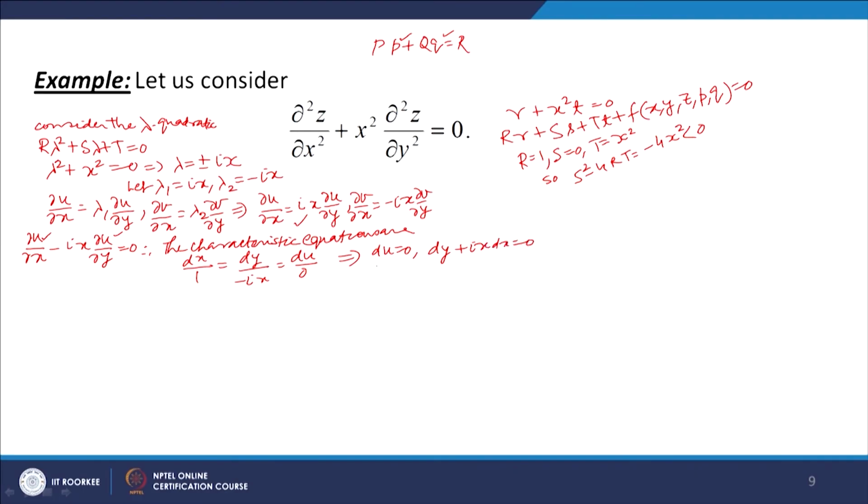Okay. So, du equal to 0 gives you u equal to some constant C1, and here what we get is y plus i x square by 2 equal to some constant C2.